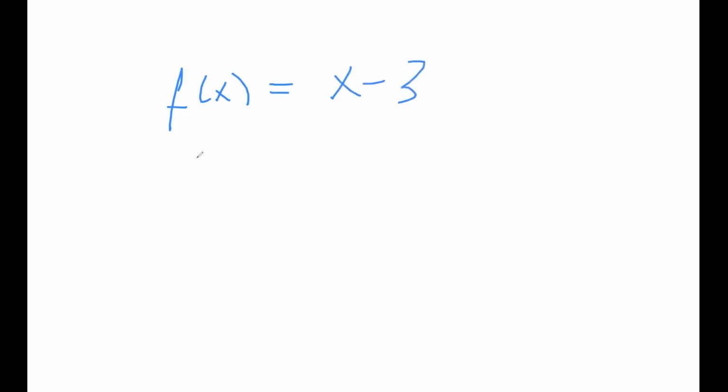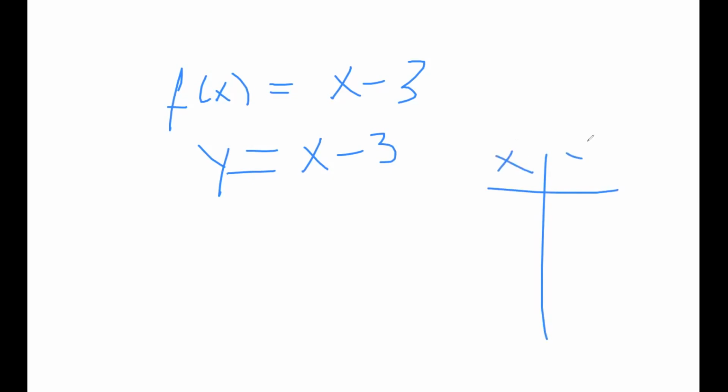You can say f of x, or you can also say y equals x minus 3. That means the same expression. We say y and x because we'll make a table. The value of y changes based on the value of x. For example, if x is 3, this turns out to be 0. If you put 3 here, 3 minus 3 is 0, so y will be 0.